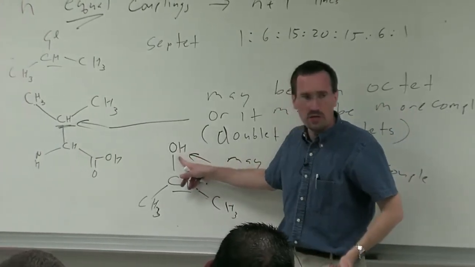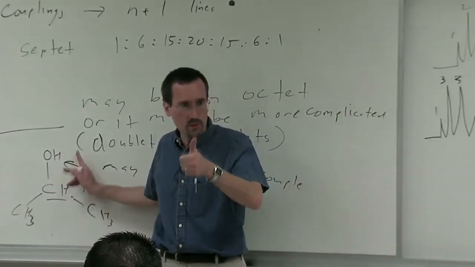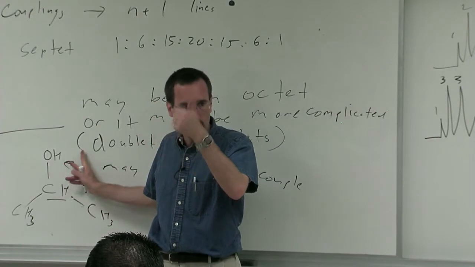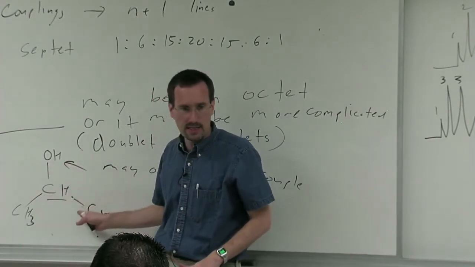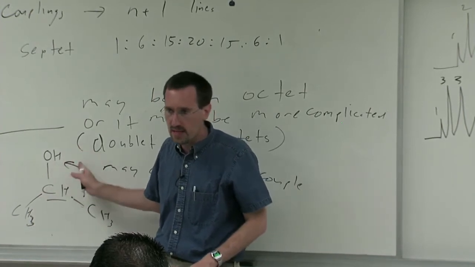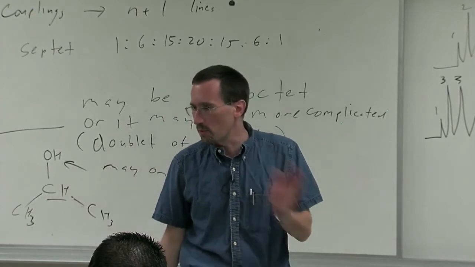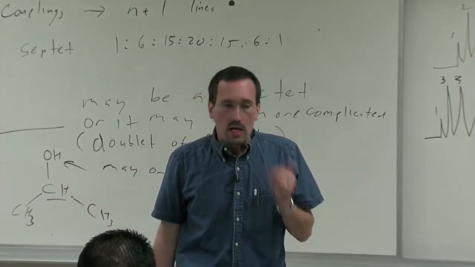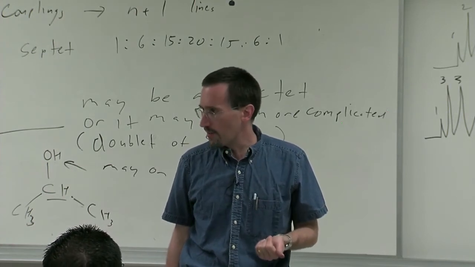If this hydrogen doesn't exchange, then we'll be in the situation here, and it will see it as either spin up or spin down. And you will have splitting either as an octet or as a doublet of septets, or septet of doublets, depending on the relative J's, but we'll get into that later. Typically, primary alcohols often exchange rapidly.